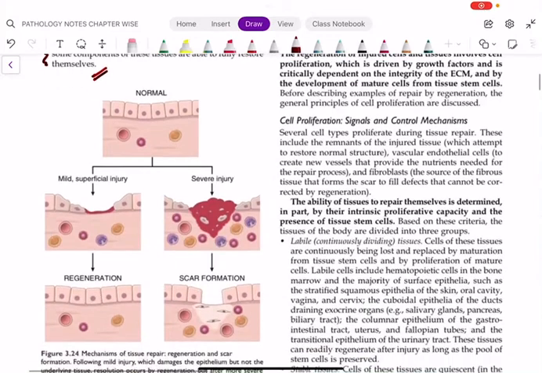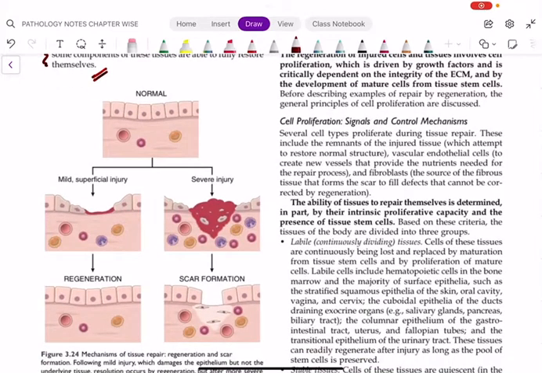You can see this picture. Whenever there is a mild or superficial injury, see here, this is a mild injury, the cells will undergo regeneration. Whenever the severity is very high, the regeneration is not enough to replace the damaged cells.